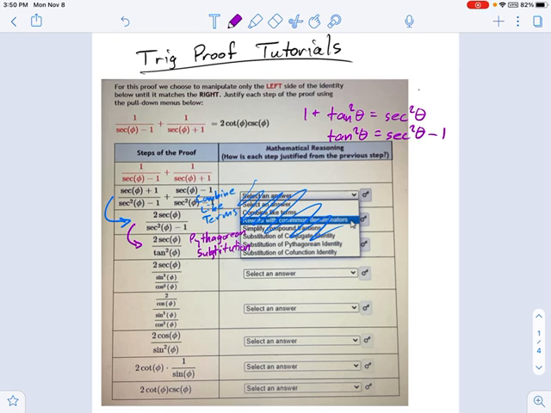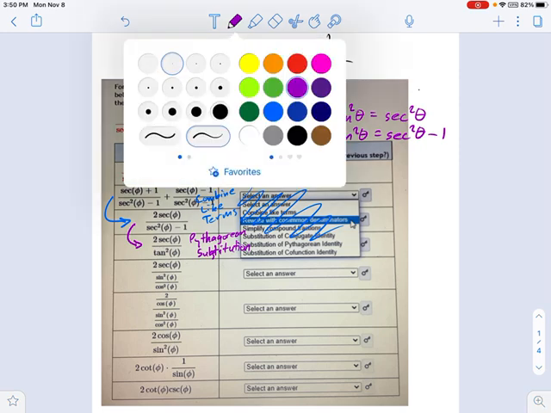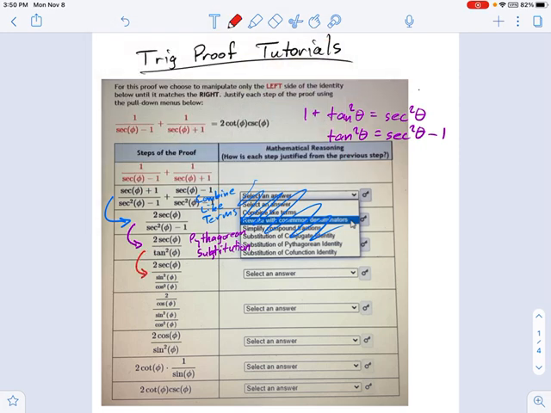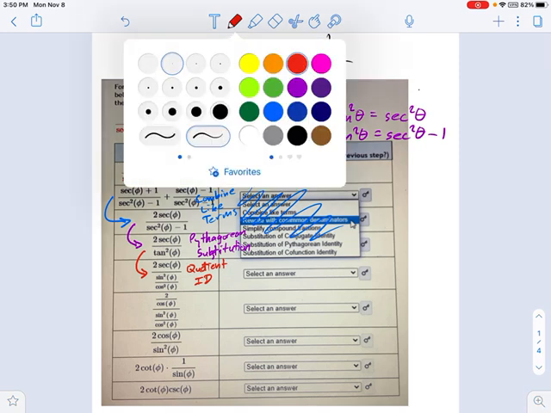It's probably a Pythagorean substitution. Now, next step. How do we go here? Well, what I'm doing now is I'm using a quotient identity to replace tangent with sine over cosine. You see, that's going to make this fraction really big. That's not great, but we do need sines and cosines to solve the problem.